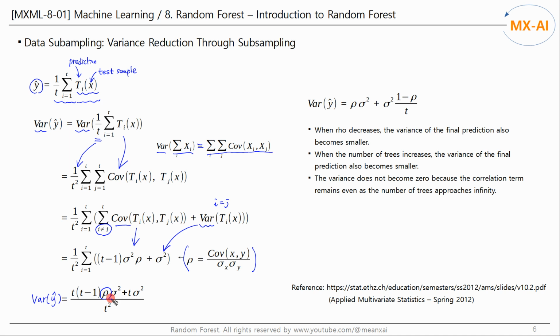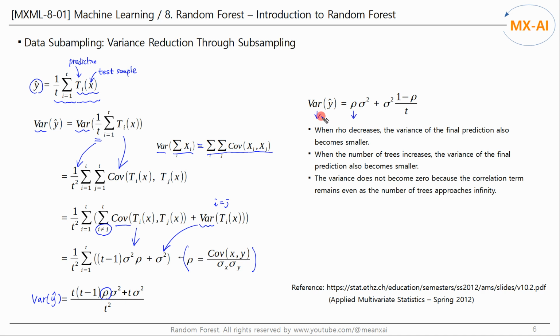Since row-wise and feature-wise sampling make each tree use different training samples and different features, the correlation coefficient rho becomes lower. As we can see from the final equation, when rho decreases, the variance of the final prediction also becomes smaller.